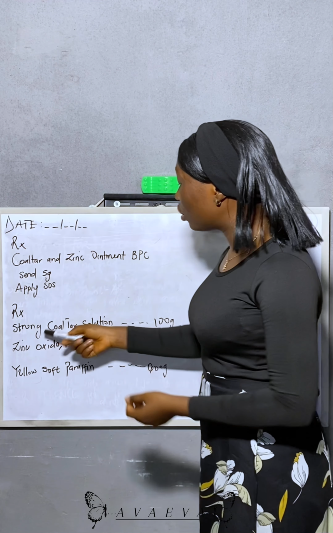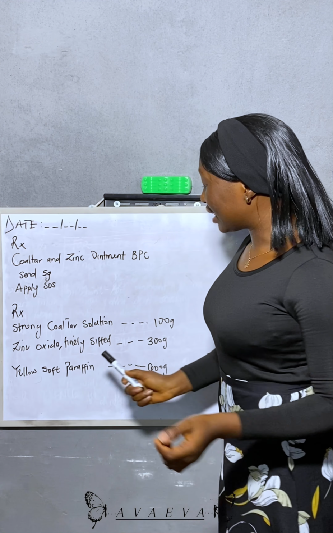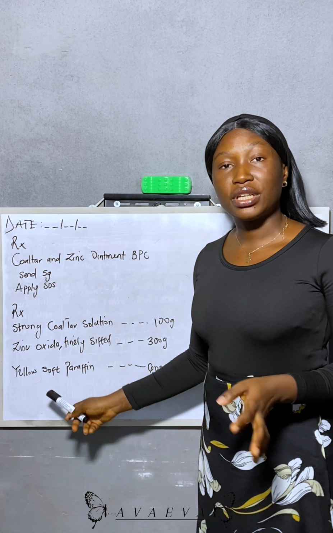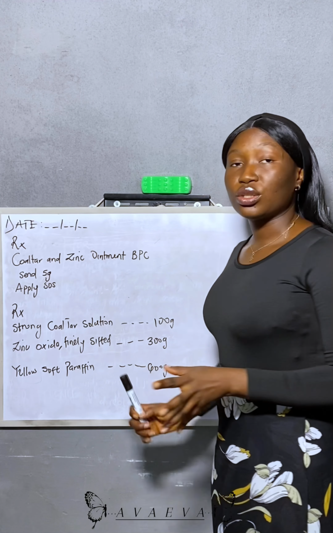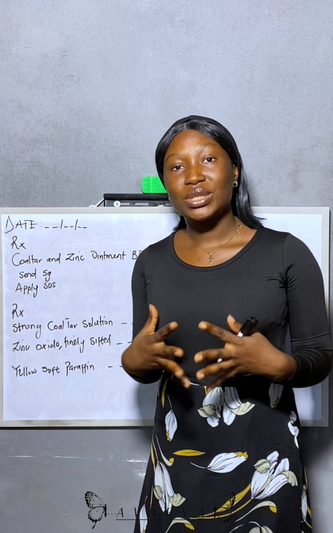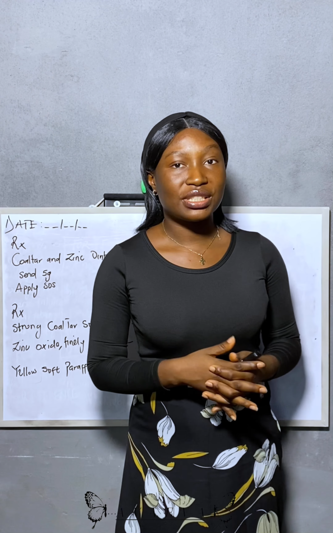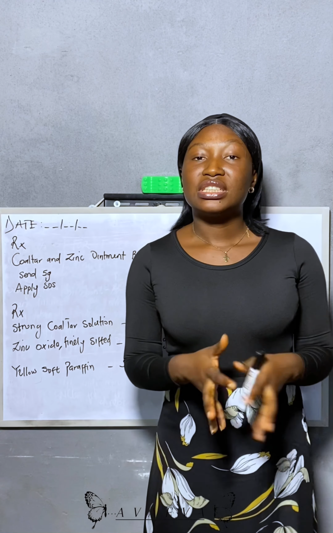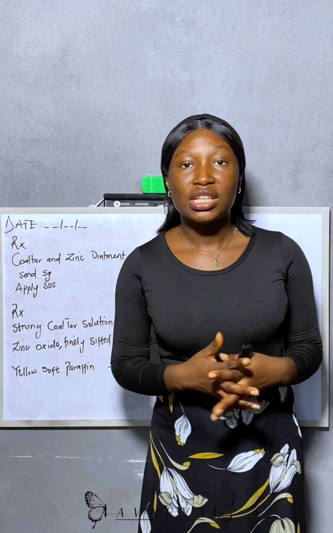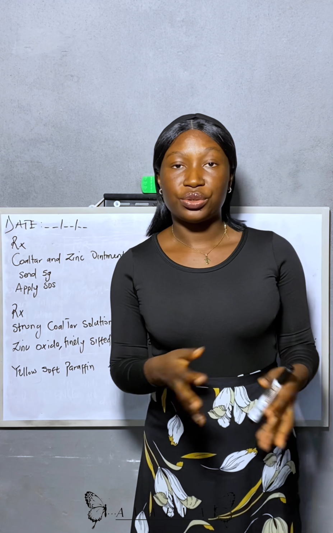We have strong coal tar solution, 100 grams. We have zinc oxide, finely sifted, 300 grams. And finally, we have yellow soft paraffin, 600 grams. And like I said before, it is important to closely look at the ingredients you're working with, as you can get some of your comments from them, other than the normal or the basic name and age of the patient, and also probably the page number you obtained your ingredients from.